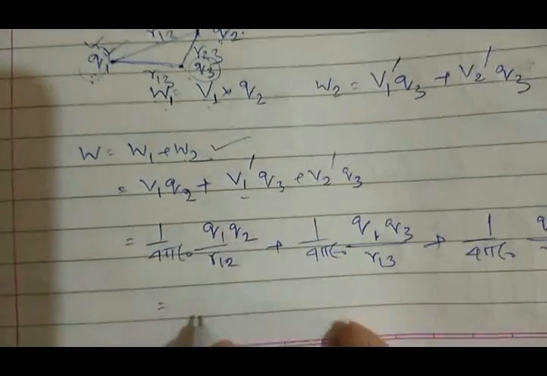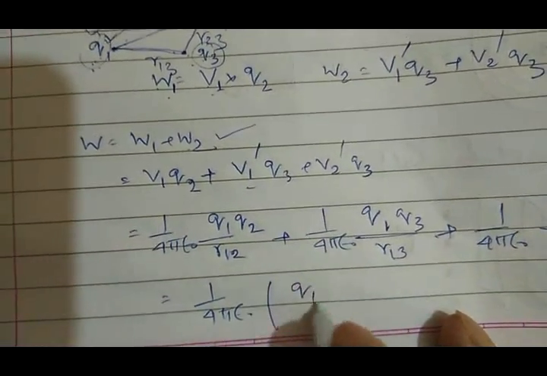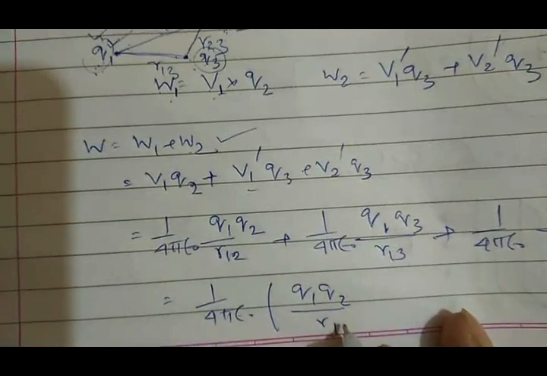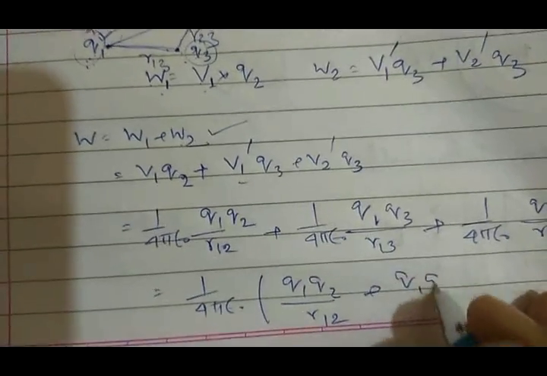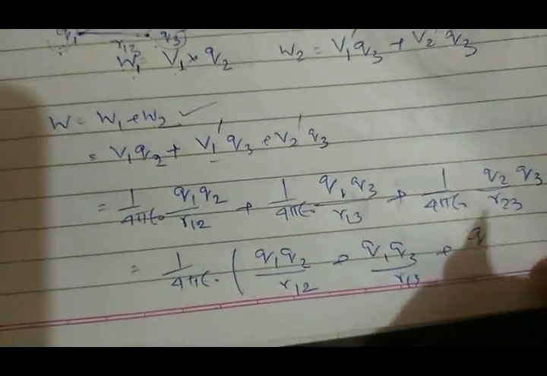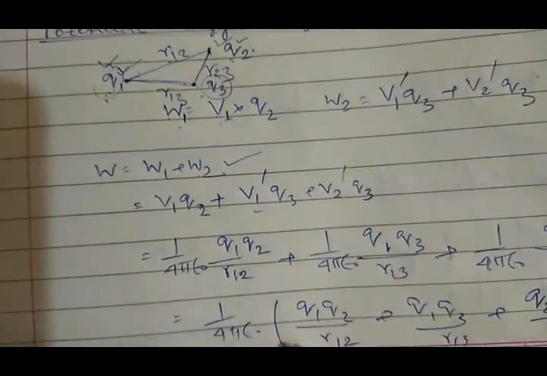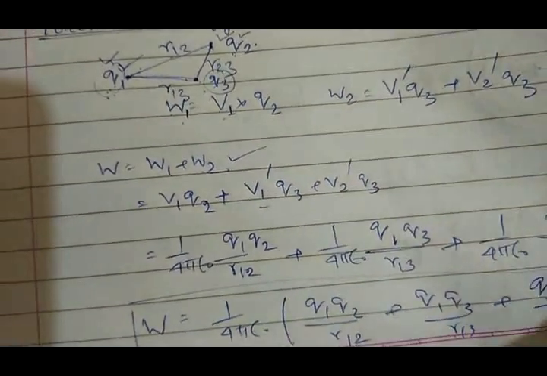If we take common 1 by 4 pi epsilon naught, this will be Q1 Q2 by R12 plus Q1 Q3 by R13 plus Q2 Q3 by R23. So this is the total work done that we have to do.